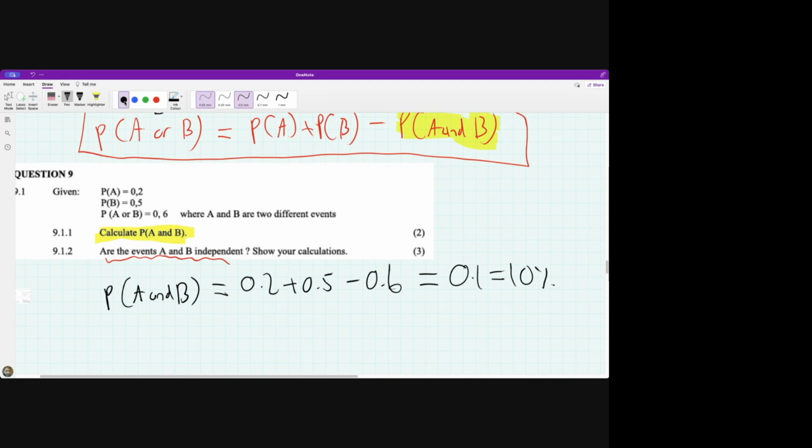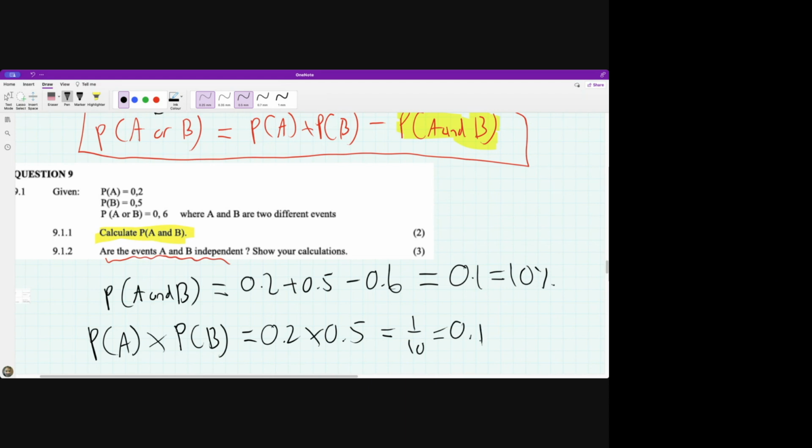To check for independence, the definition says, is the probability of A times the probability of B the same as the probability of A and B? So I guess I should go 0.2 times 0.5. And what do I get? I get 1 over 10 or 0.1.